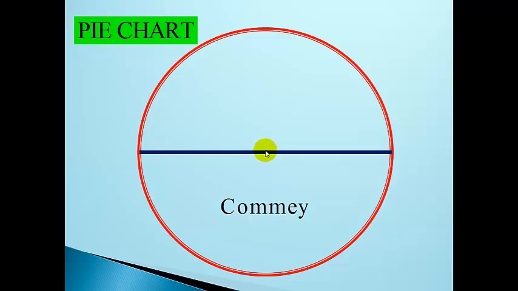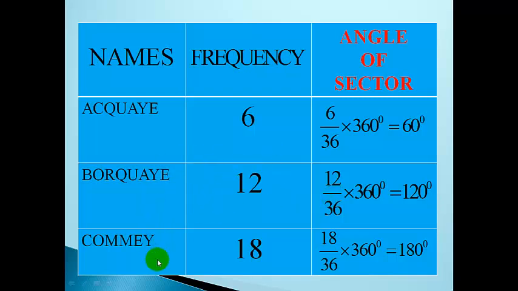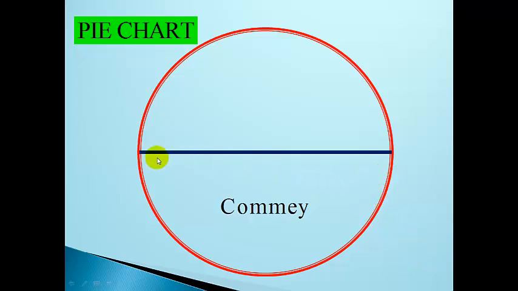Now when we go to the table, we can see that the angle of sector for Kome is 180 degrees. When you come to the diagram, you can see that we have a straight line. That is the diameter of the circle. The diameter is the line that divides a circle into two equal halves.